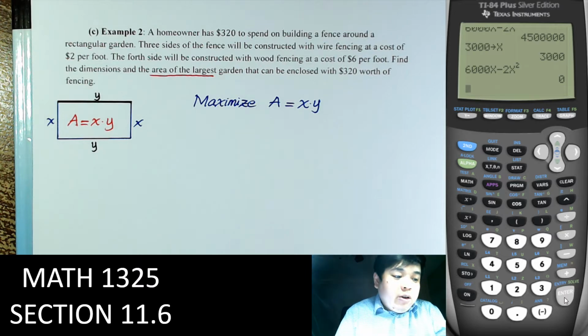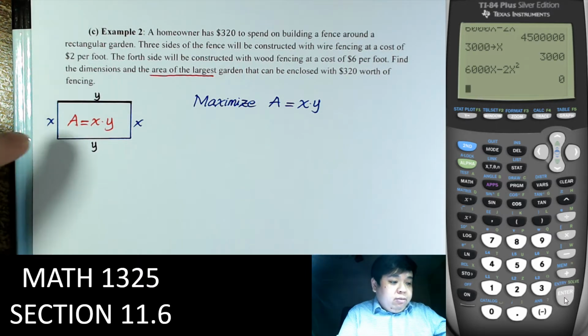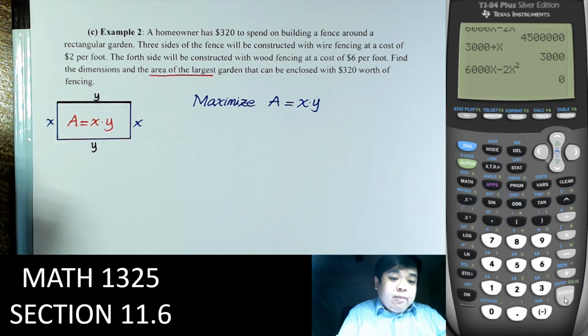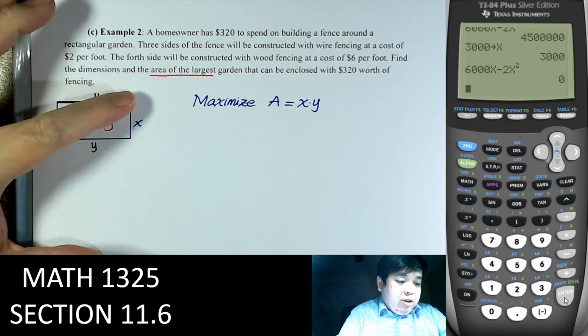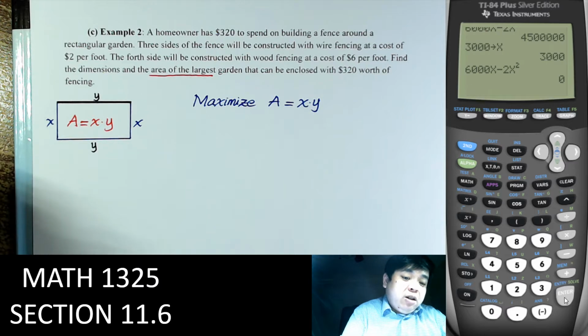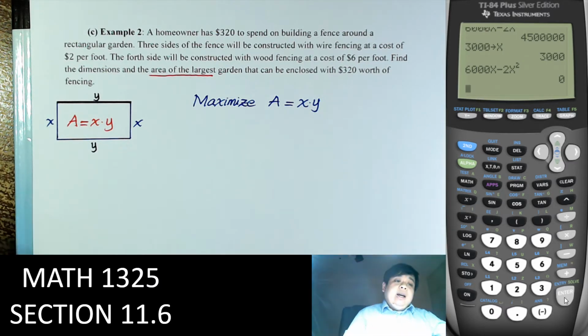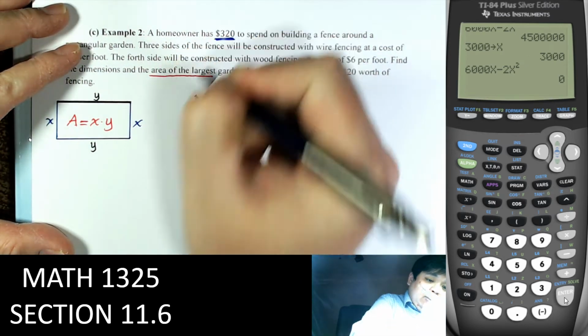Now three sides are wire fence, $2 each foot, and then the other side wooden fence, $6 a foot. So the total is $320.